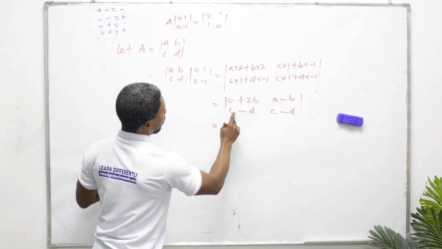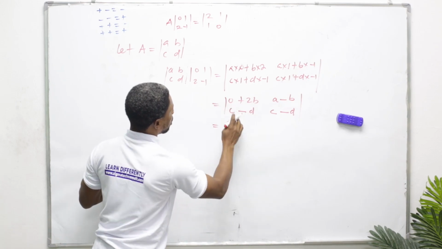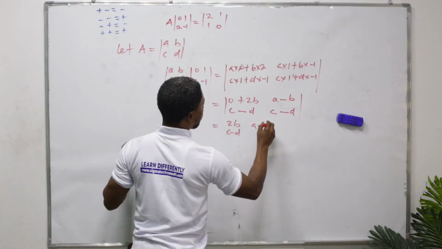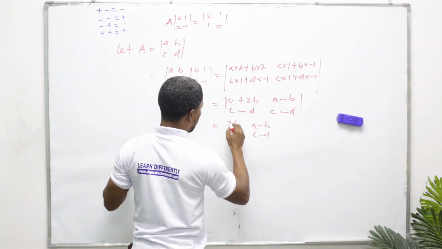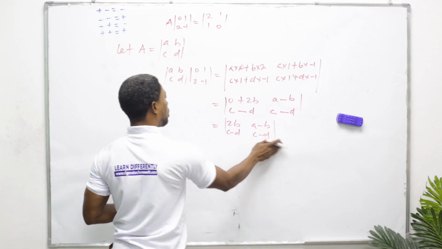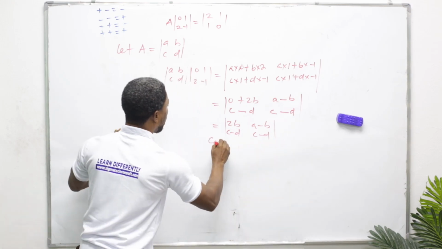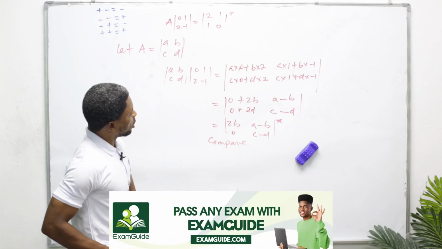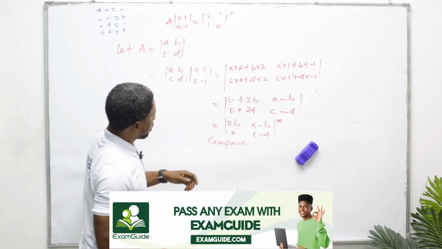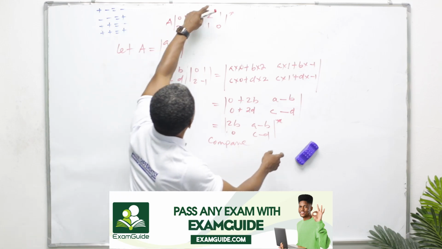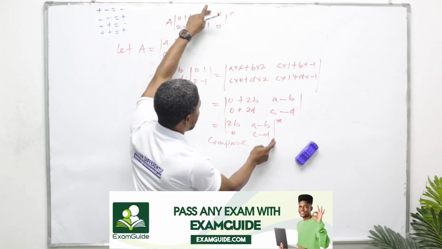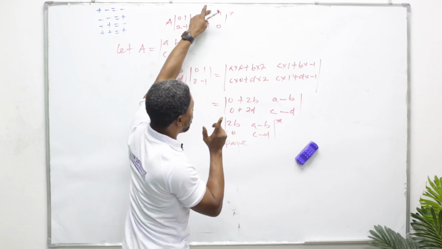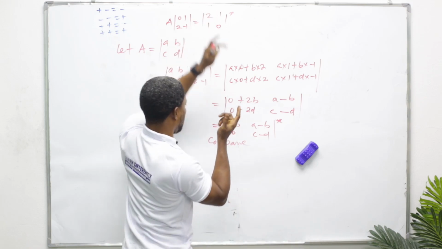So now, this plus this gives you 2b. This is also c minus d. This is a minus b. This is c minus d. This is done. So at this point in time, I'm going to compare. Like I said, you need to be very careful in your computation, or else you make mistakes.